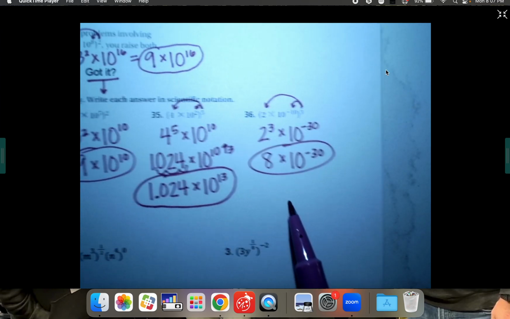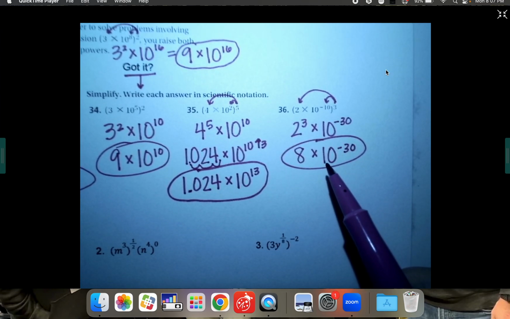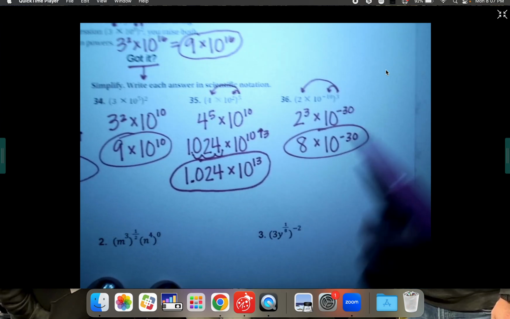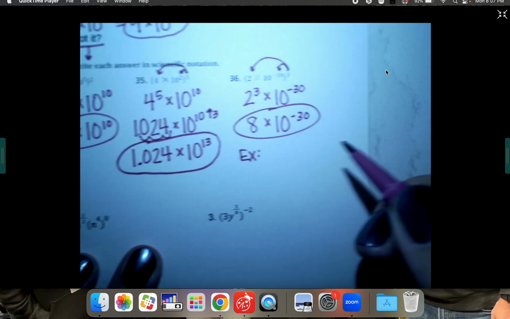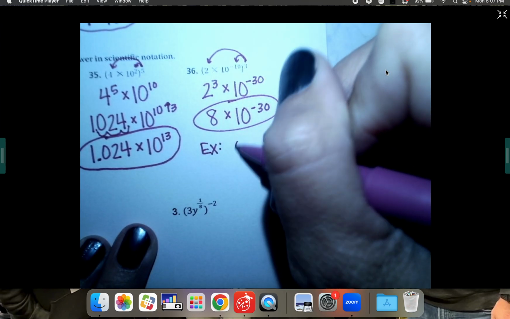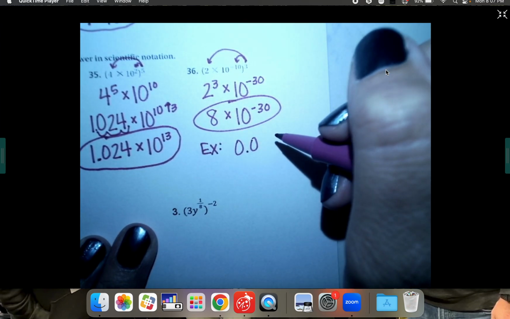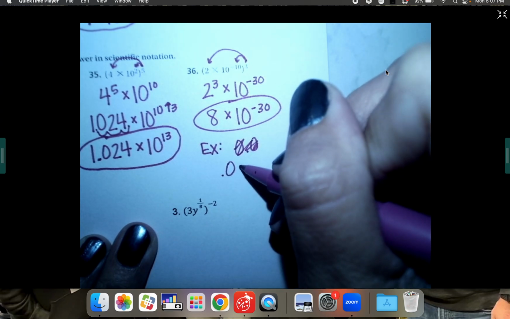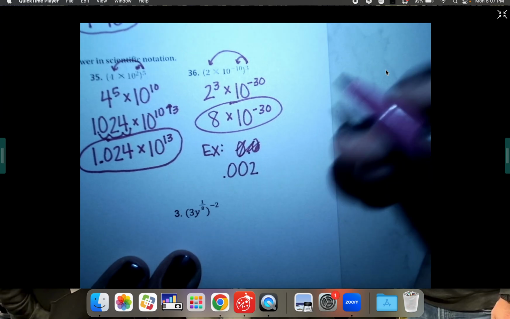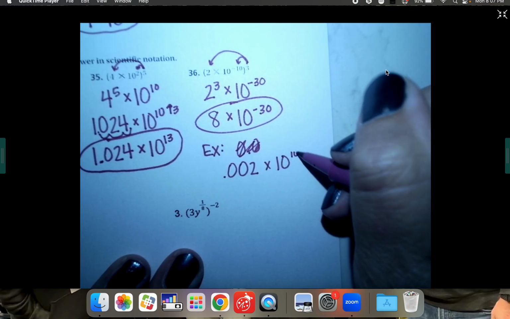I wish there would have been one example really quickly. Let me tell you, if this number is too small, let's say we got, here, this is just an extra example. Let's say we got a number like 0.002 times 10 to the 10th or something like that.